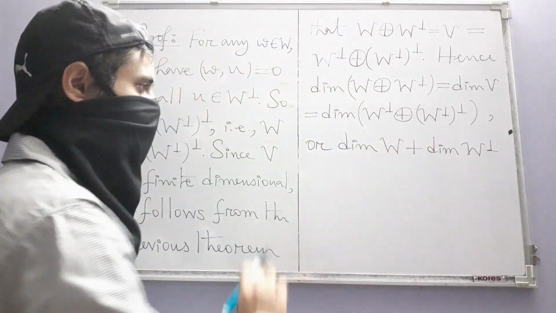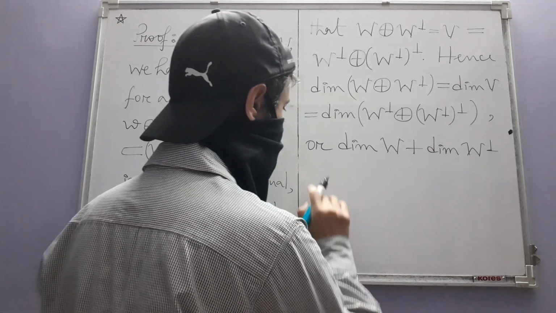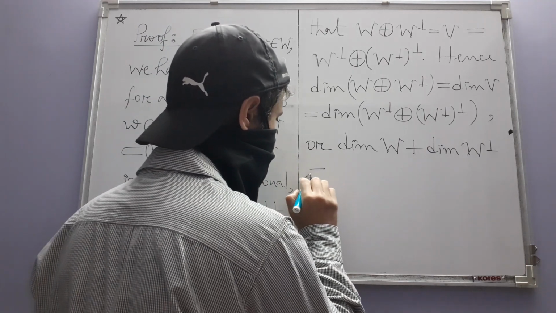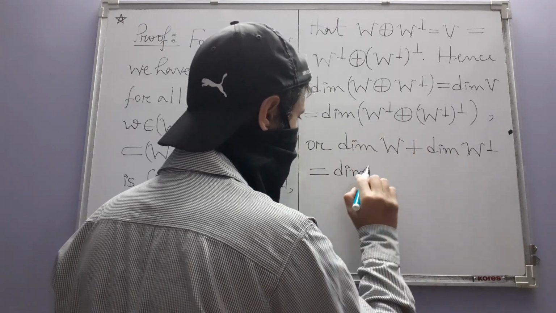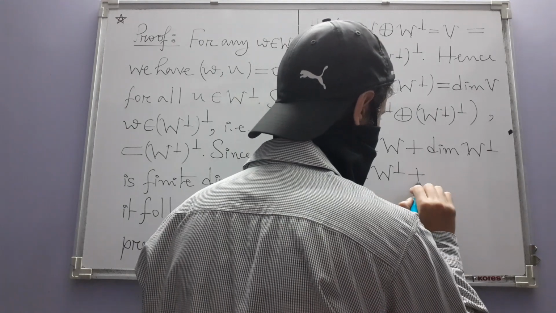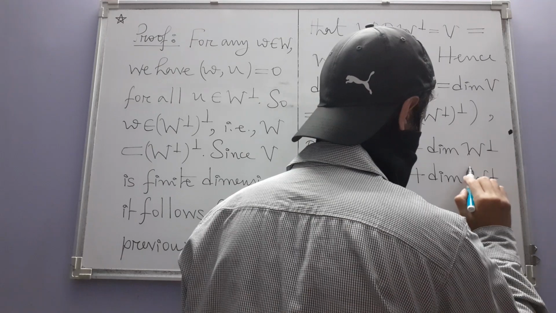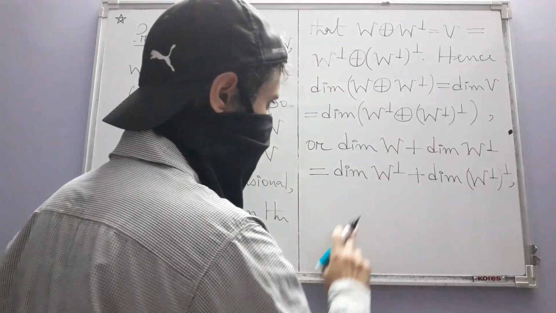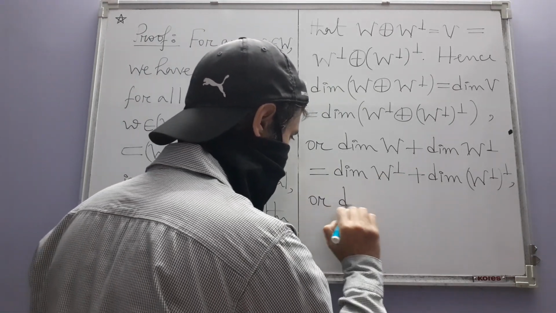Do not write direct sum here, okay, because these are ordinary integers, well, non-negative integers. Just like that, this is also the sum of the dimensions of these two subspaces. But now, of course, you can cancel this dimension from both sides and have this.